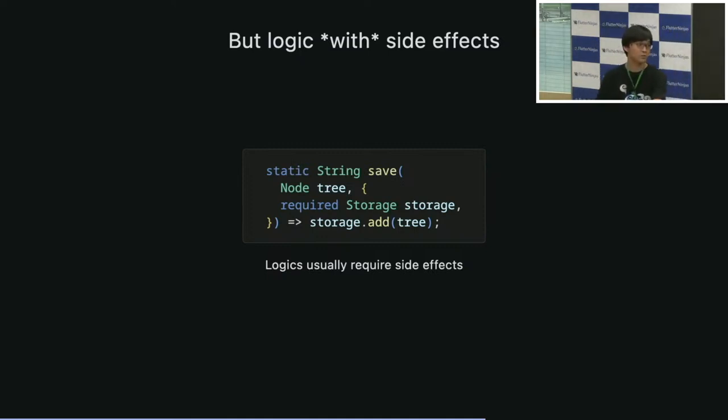Or we have to retrieve the data from the API, or we want to save the log into local data or something like that. So a lot of business logic has to cause side effects. So how can we do that? How can we manage that?